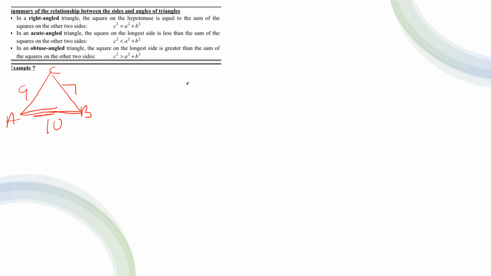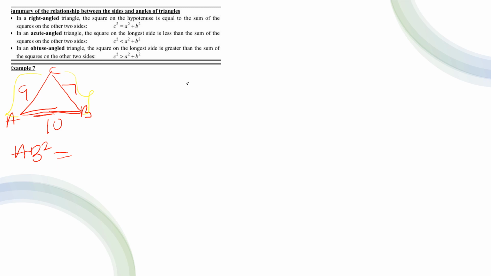AB. AB squared will be equal to... If AB squared is the longest side, why? Because that is the biggest number. Then what are the two remaining sides? The two remaining sides are this side and that side, which are BC and AC.